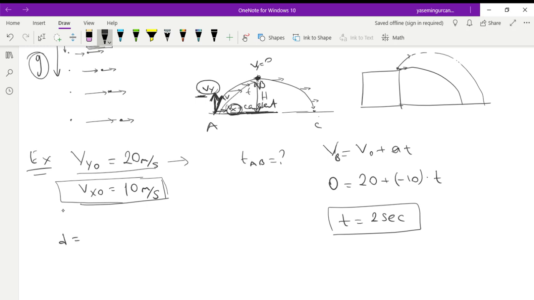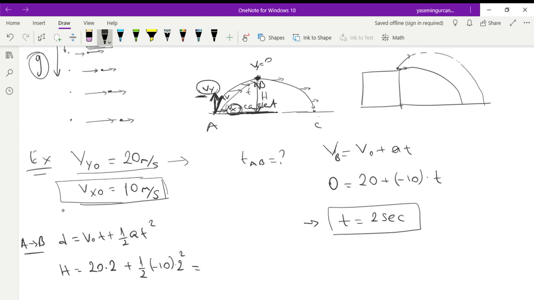And the displacement formula was v0t plus 1 over 2 at squared, right? So if you're going from A to B, again, I'm just looking at the first half, the height that it's going to climb is going to be v0, which was 20, times the 2 seconds, which I found out, plus 1 over 2, a is minus 10, times t squared, which is 4.